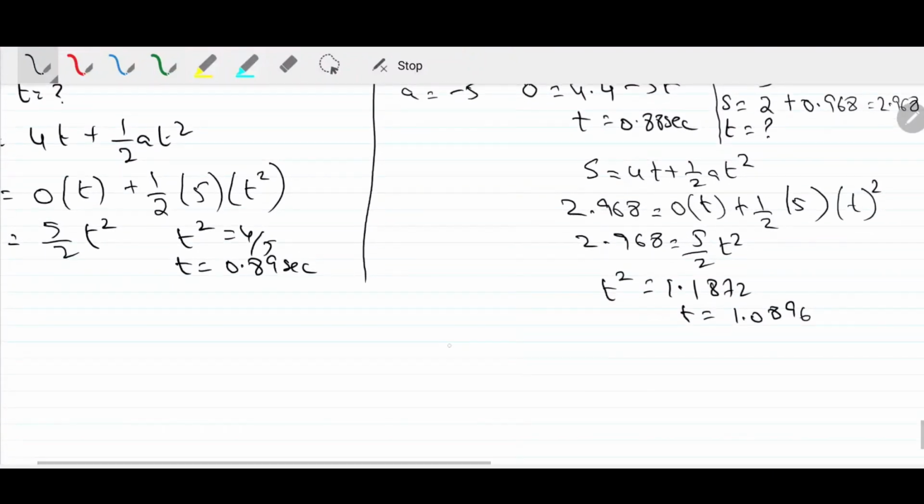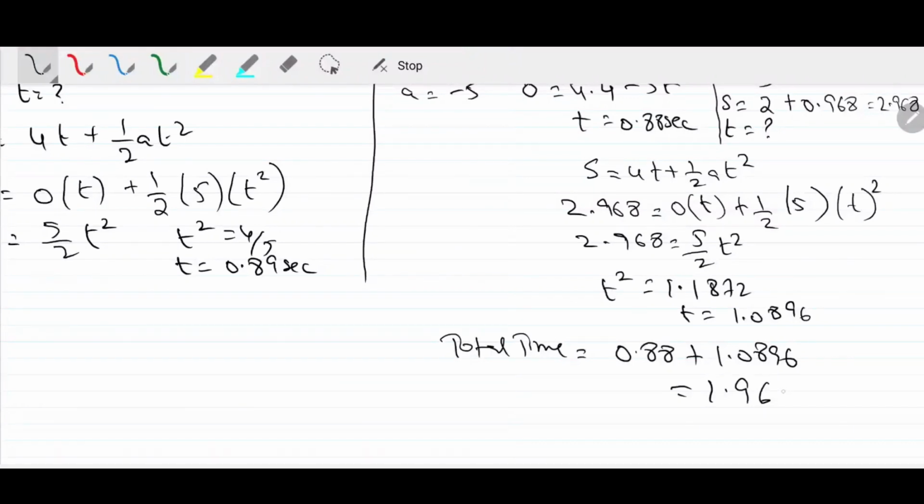That is 1.0896. So the total time of going up and coming down is 0.88 plus 1.0896, which is 1.96 or 1.97. 1.97 is the total time for B to come down, and 0.89 was the total time for A to come down.